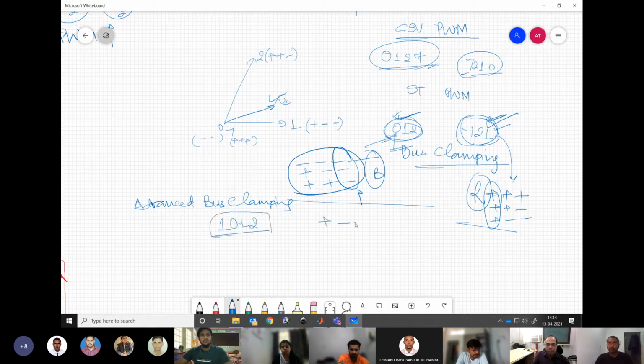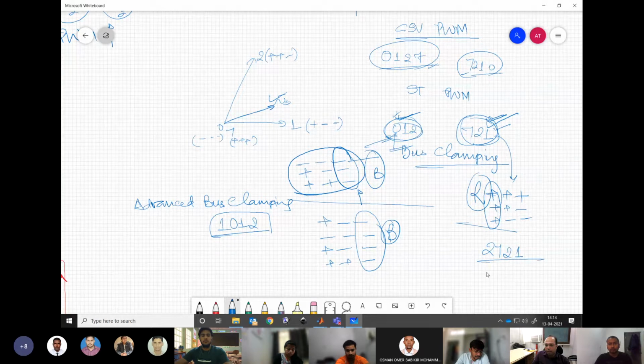Again, what we are applying is plus minus minus, minus minus minus, plus minus minus, and plus plus minus. Again, the V phase is clamped. Or something like 2721. So here we have plus plus minus, plus plus plus, plus plus minus, plus minus minus. R phase is clamped.